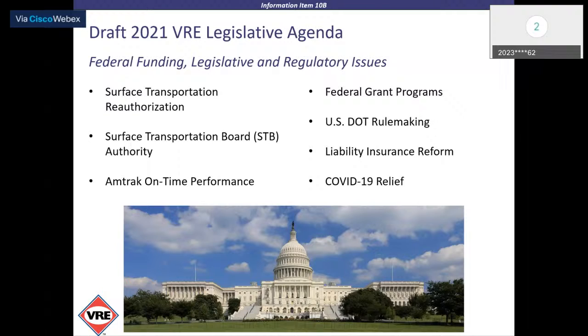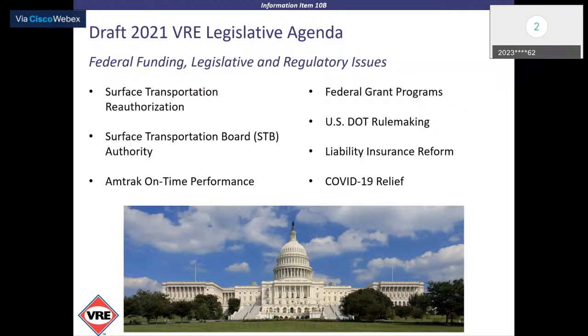Our biggest worry is that they would be so concerned about making sure that Amtrak stayed on time that they would literally sort of set a VRE off to the side or hold it in a station to let an Amtrak train go by. So we want to make sure that that sort of legislation or policy doesn't pass. Other USDOT rulemaking, we're always watching to see what's coming on there.